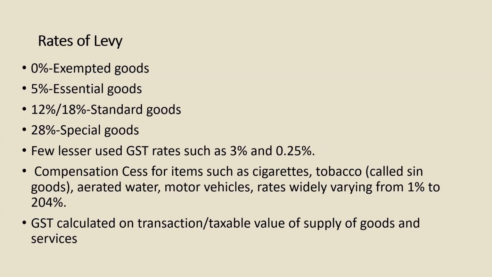What goods fall in 12, what is in 18, what is 28 is something that we need to know, so that when we are making payment to a particular person, we know whether that is the right rate for that product. That is the most important thing. And we will see that.